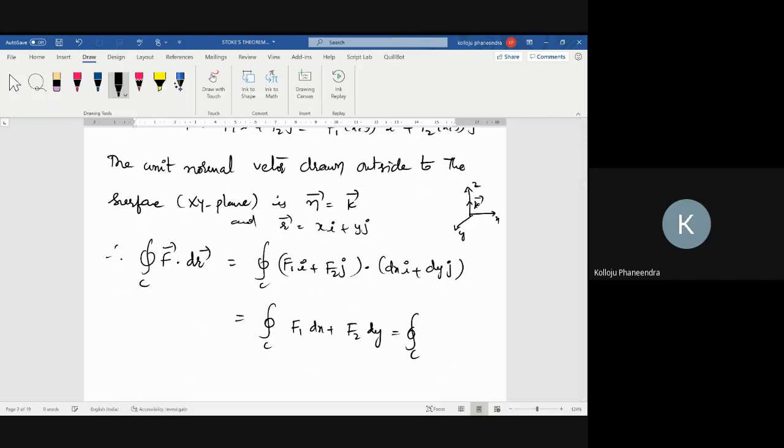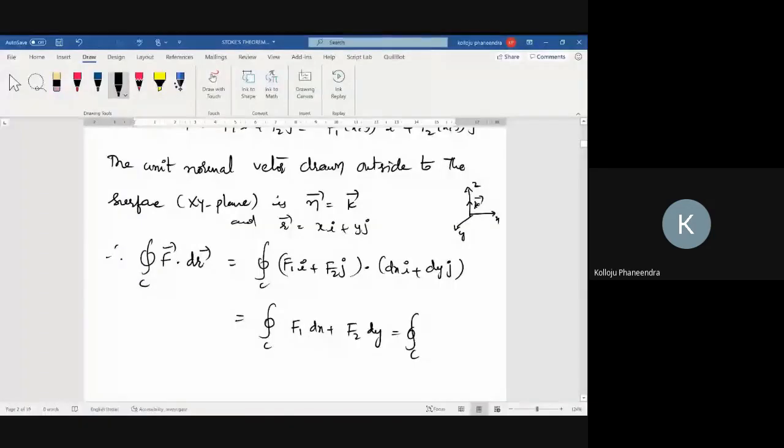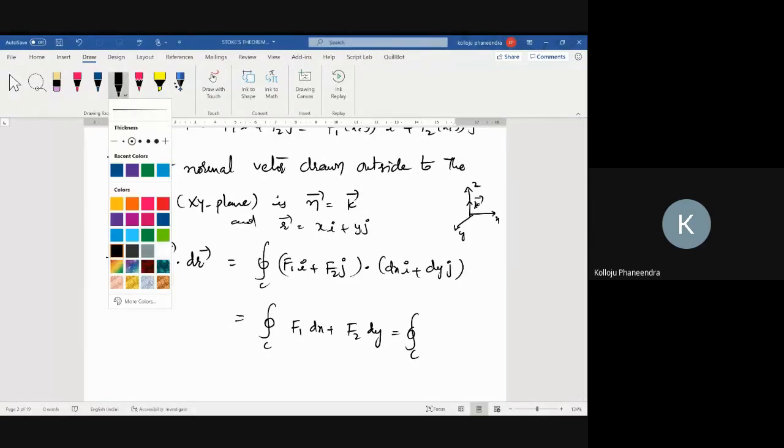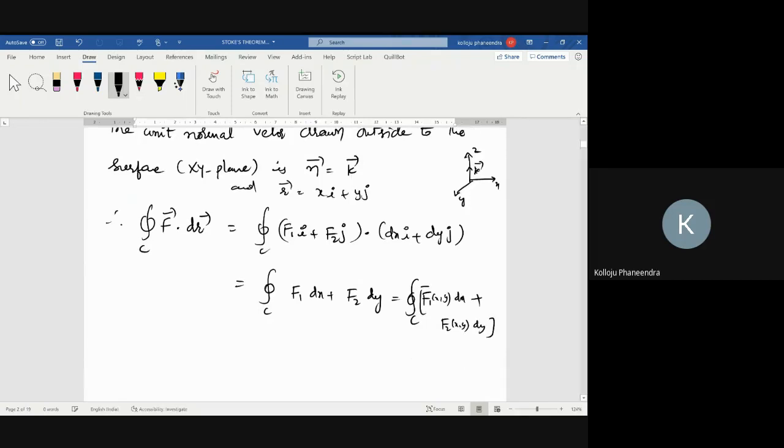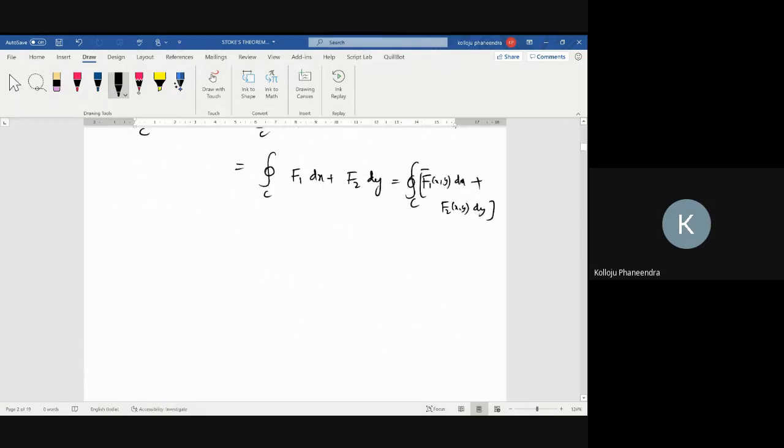That is, F1 of x comma y dx plus F2 of x comma y dy. Okay, this is the left side, the LHS part.